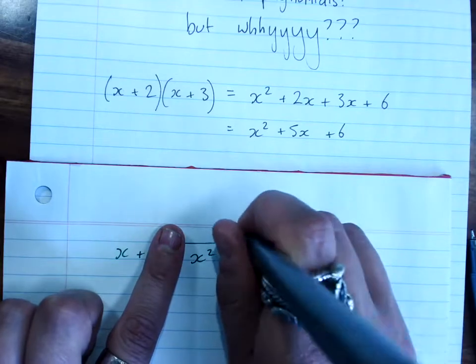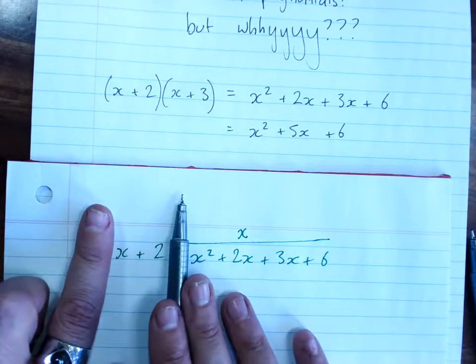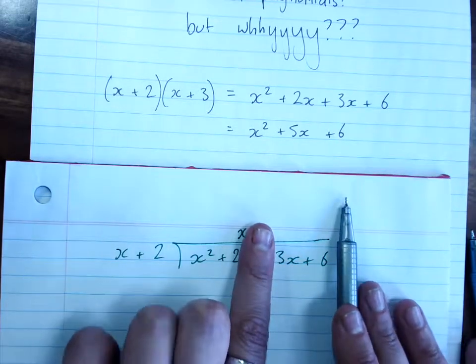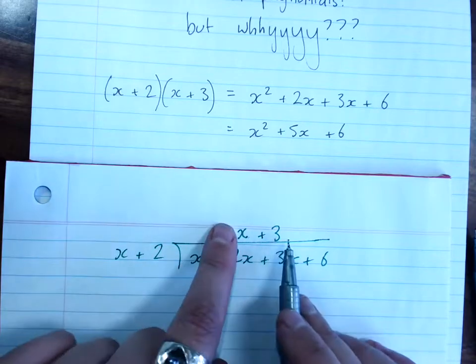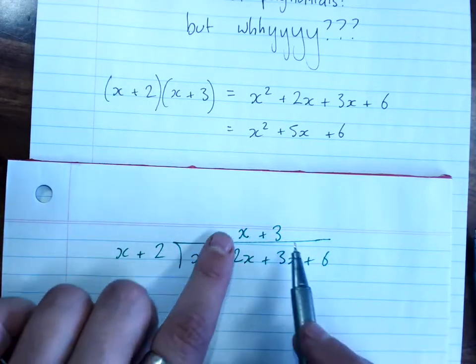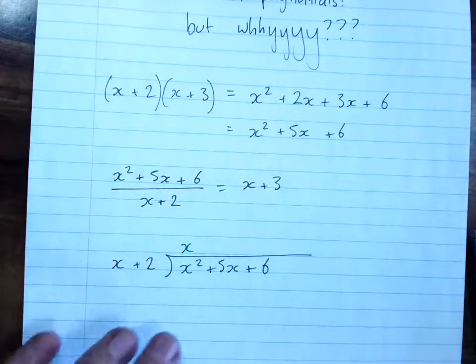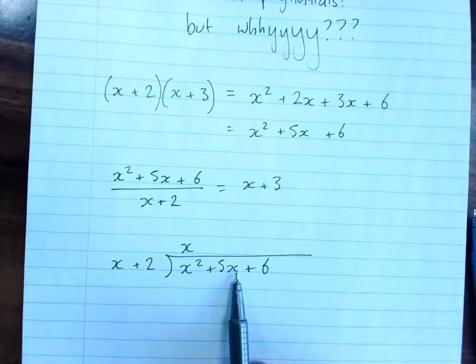It goes in x times. And how many times does x plus 2 go into 3x plus 6? It goes in 3 times. Oh, look, we've got our answer. X plus 2 goes into this x plus 3 times. But we don't have that. We've got the combined middle term.